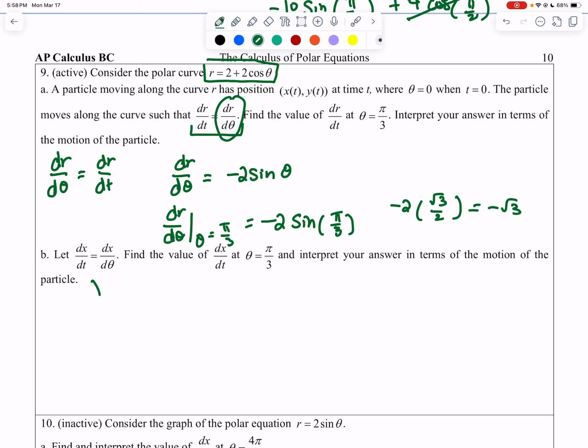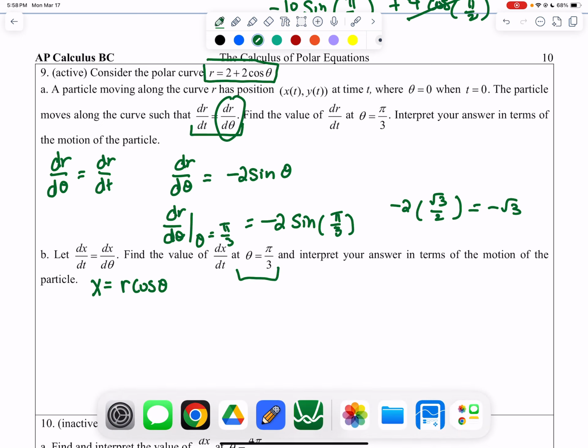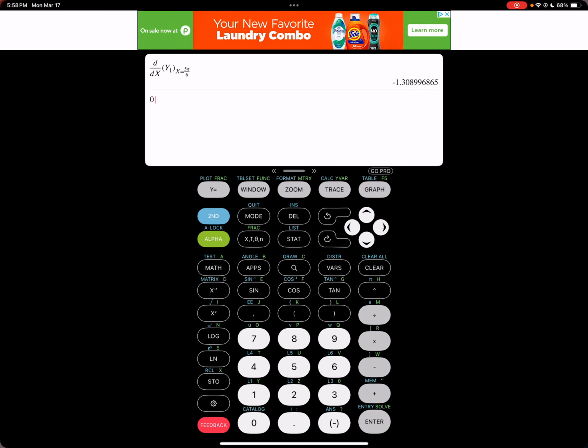So that means that x is equal to r cosine of theta. We got to figure out what the derivative is at pi over 3. So we're going to be using our handy dandy calculator and say 2 plus 2 cosine of theta, or x in this case, and then cosine of x.